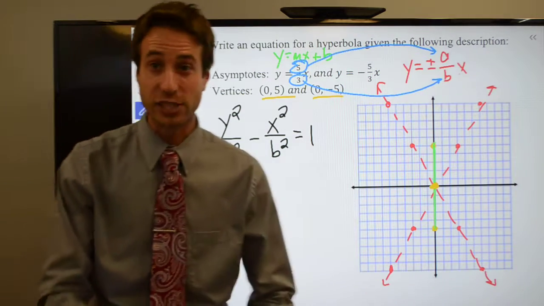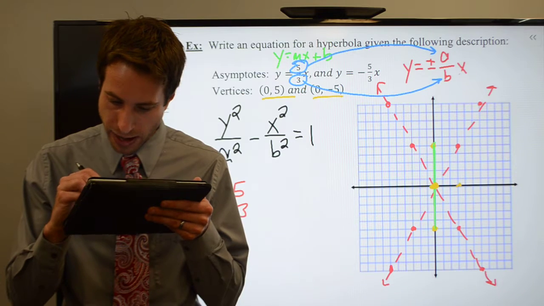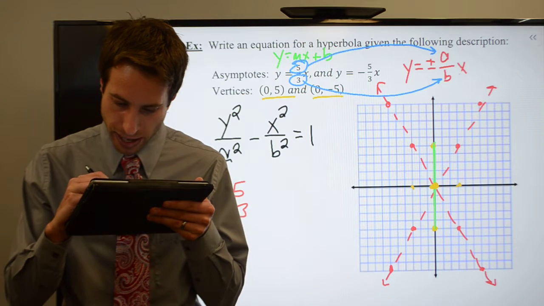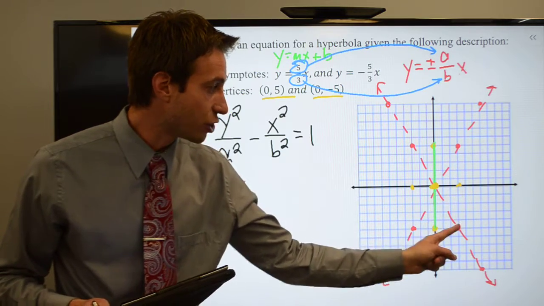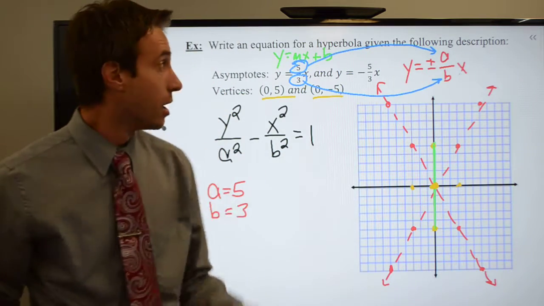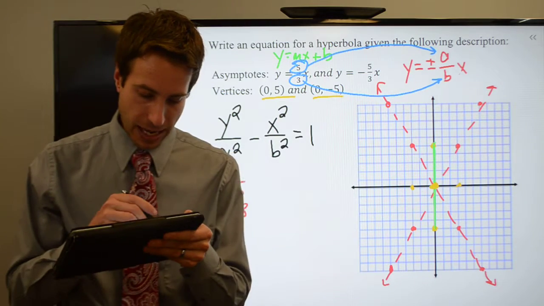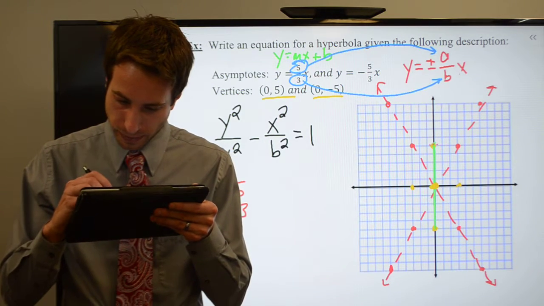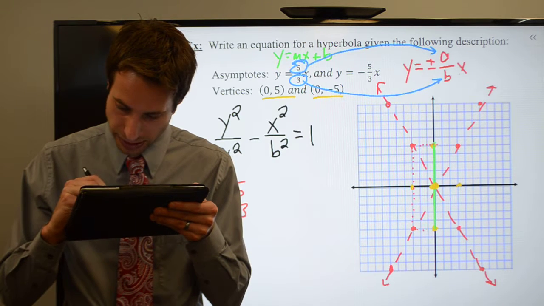So, since B is 3, that means that my covertices are 1, 2, 3 right there, and 1, 2, 3 right there, which is the point that I already had just by putting my slope in. Why? Well, because the slope has B in it. I love all that cool little stuff when it works out. I love it when algebra makes sense.